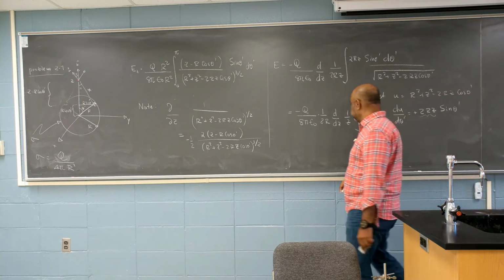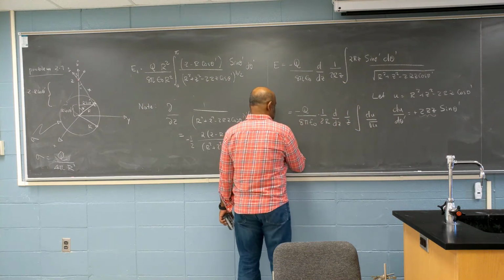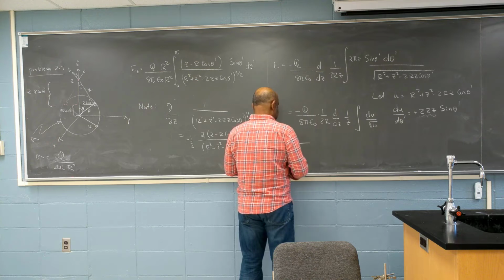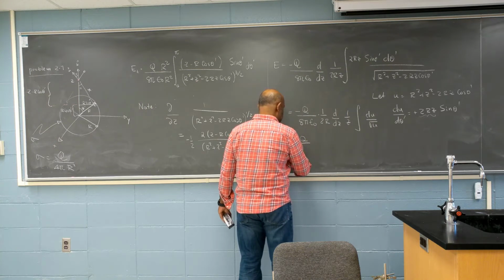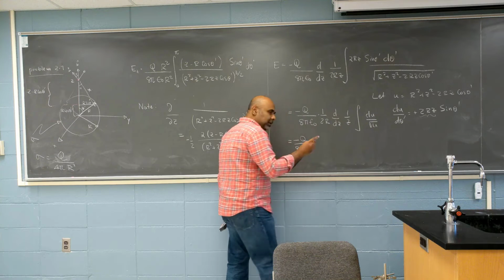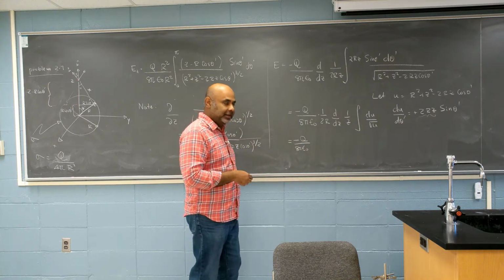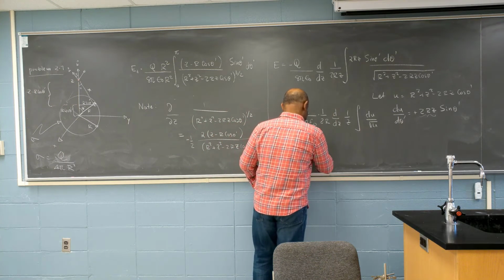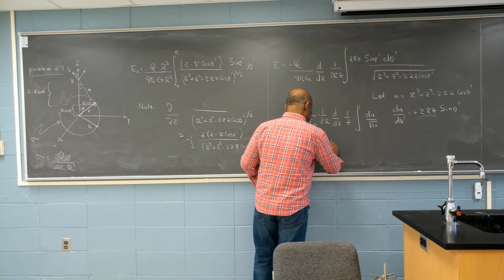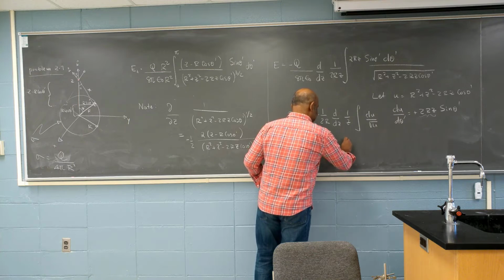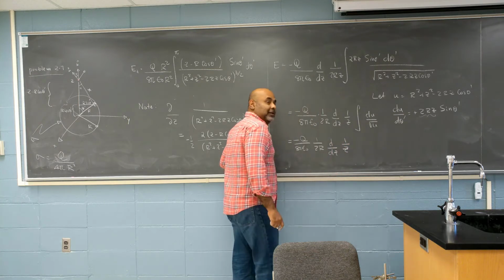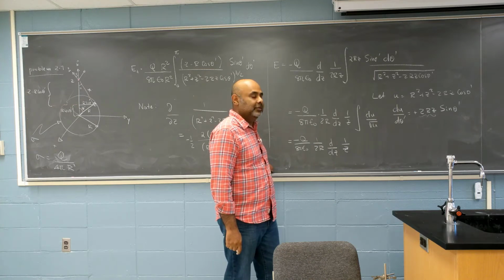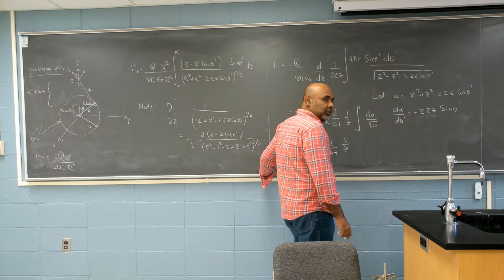What's the integral of this guy? Please make sure that I'm not dropping anything. If you think I'm dropping an r squared and sine theta, we'll eventually catch it when we do the integral. What is it? 1 over 2 square root of u? Square root of u over 2?